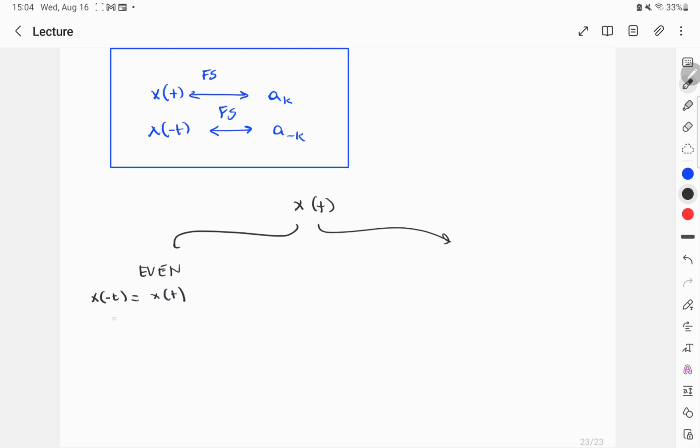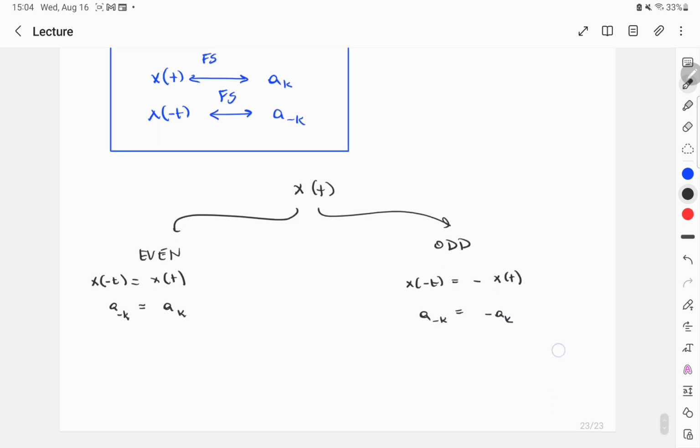Then it means that a subscript minus k equals a subscript k. Here, if x(t) is odd, then we can say that x of minus t equals minus x(t). So we can say that a subscript minus k equals minus a subscript k. And this is an important property that we should keep in mind.